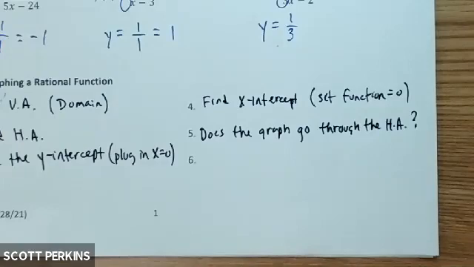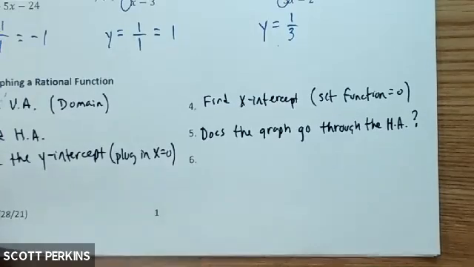So while it's true that a graph never, ever, ever goes through a vertical asymptote, it is possible that real close to the origin, a graph might, under certain conditions, go through the horizontal asymptote. It might pop through and then come back toward it, because the horizontal asymptote is telling me what happens a long way away as the x values get really, really big and really, really small.